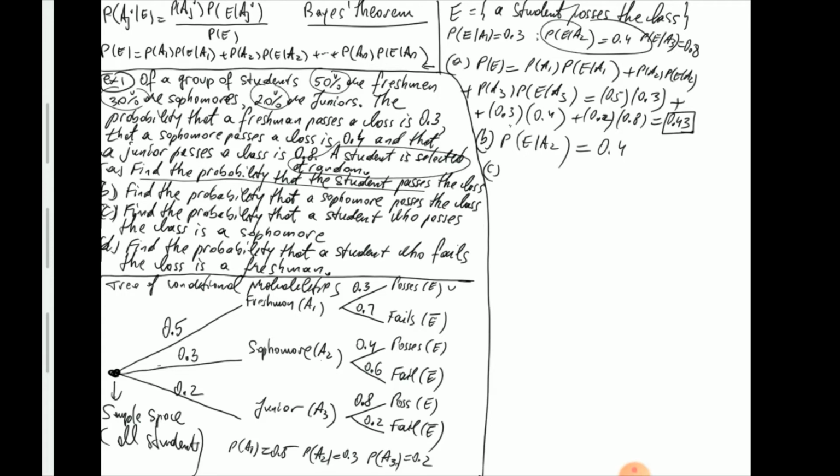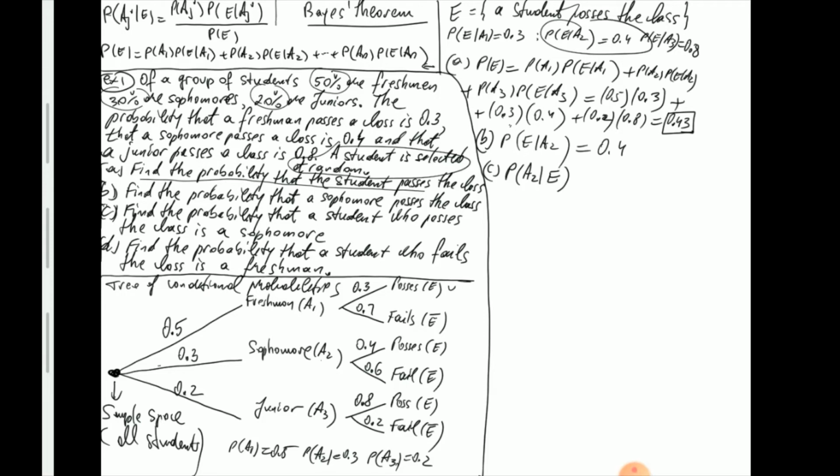But I put this side by side to recognize when we need the Bayes theorem. Notice that part C says, assume that the student actually passed. So given E, remember E denotes the event that the student passed, what is the chance that that student actually is a sophomore? This is asking precisely the reverse conditional from the one given.